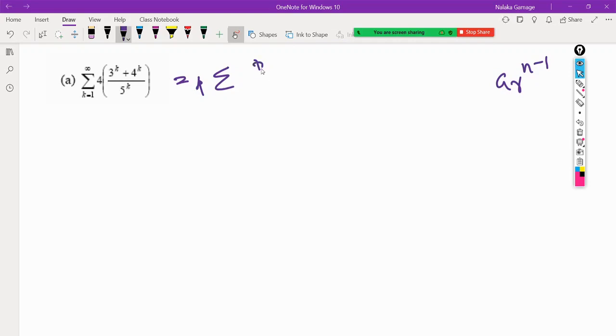So that is 3 to the power k divided by 5 to the power k plus 4 to the power k divided by 5 to the power k. In other words, we can say (3/5)^k, (4/5)^k. I will write it like that, okay?